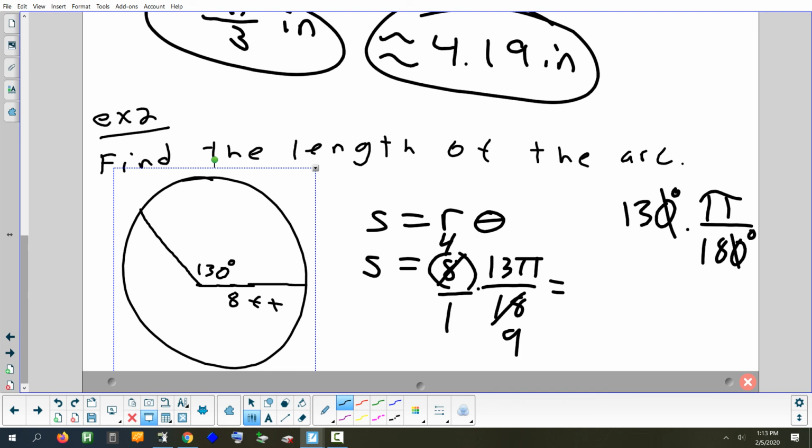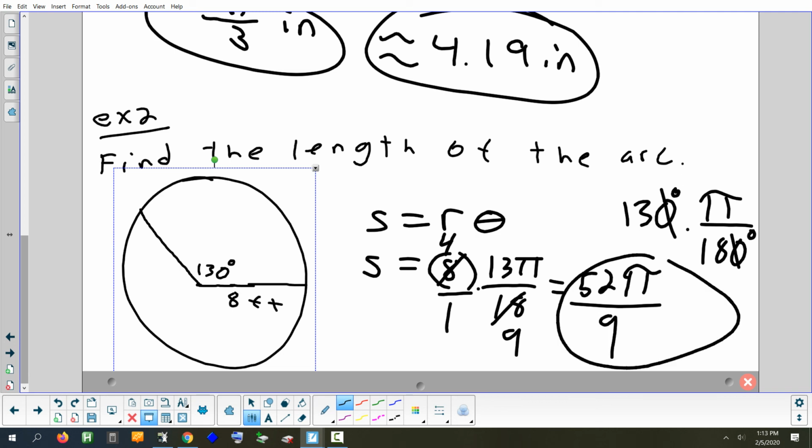What's 4 times 13? So 52 pi divided by 1 times 9. So that's 52 pi over 9, and that was a length.